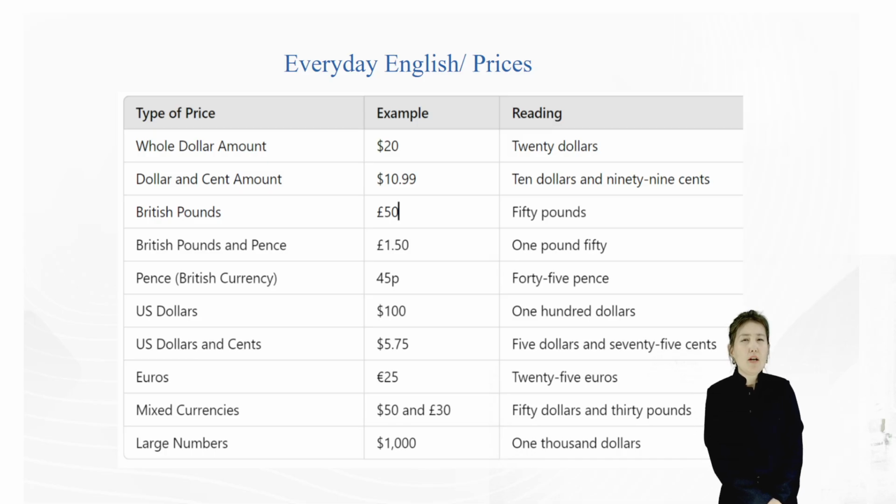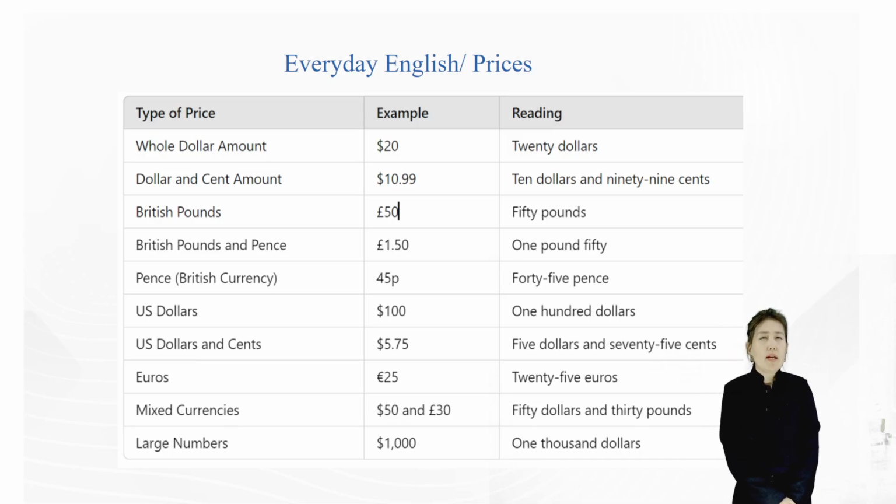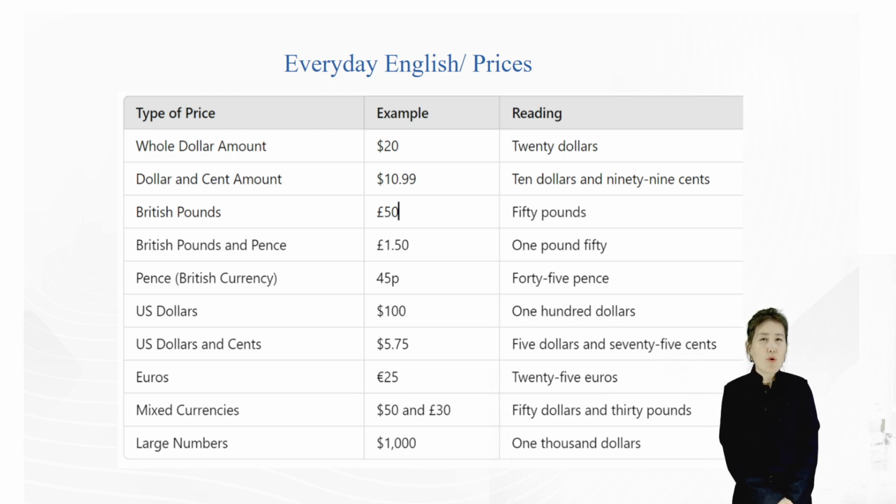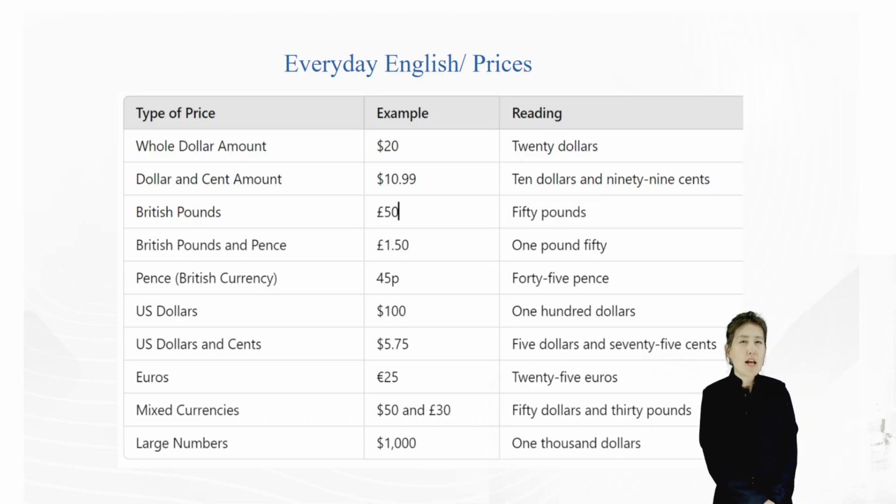Next slide. Here we are going to delve into the topic of prices in English. Understanding how to talk about prices is crucial for everyday interactions, whether you are shopping, negotiating, or discussing costs. Let's explore how to express and understand prices in English. Look at the table.